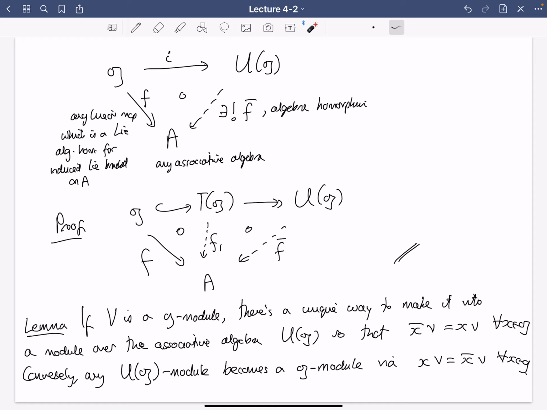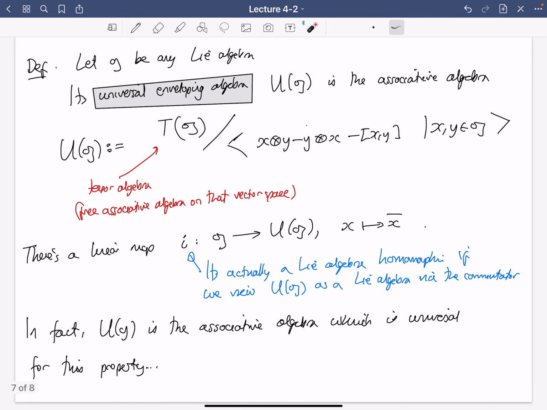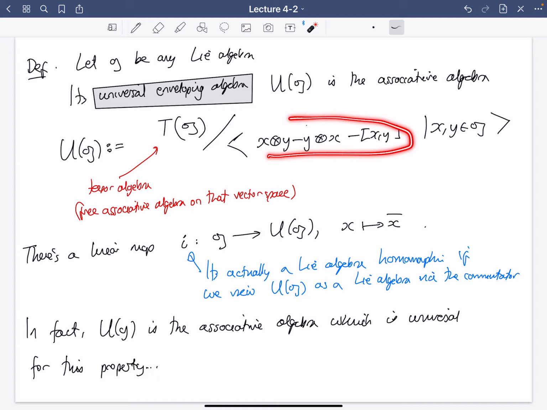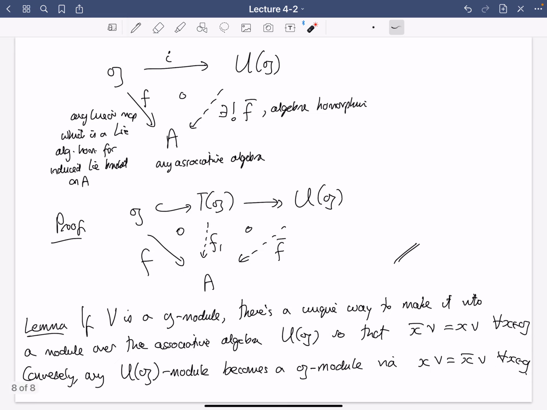U of G is generated by the image of G under this map I. And to check that that's a well-defined action, you just have to use the definition of U of G. So of course, you have a module over the tensor algebra, and by the definition of G module, it's automatic that all of these generators of this ideal act as zero, and so the way the action extends to the tensor algebra factors to make it into a module over the universal enveloping algebra, and vice versa.